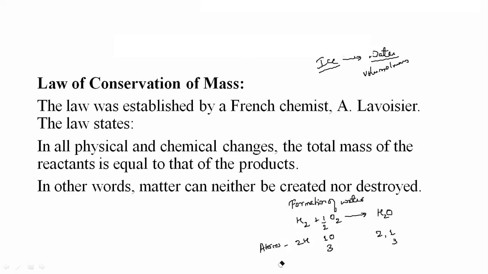If I want to speak the same in case of mass, because it is conservation of mass, how do I say it? Take the example of the formation of water. H2 plus half O2, in the presence of a small amount of platinum catalyst, gives H2O.